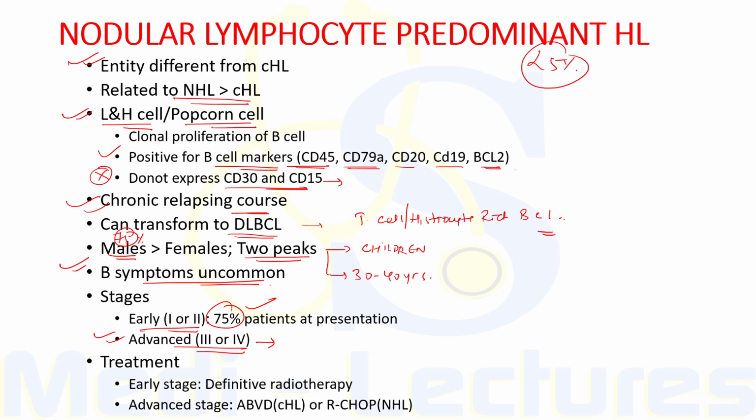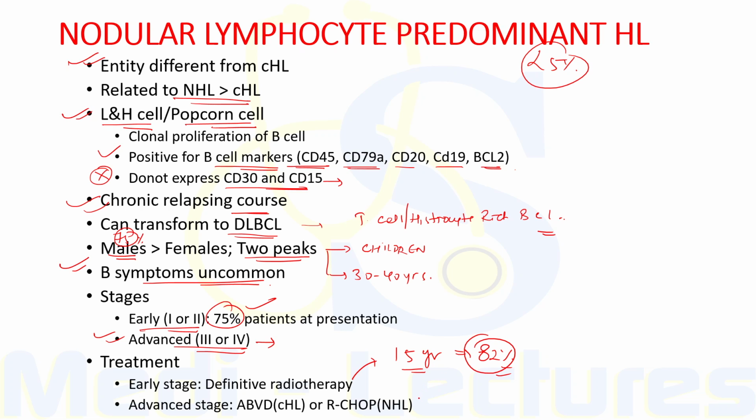Now, when we consider the treatment, the patient with early stage should be treated with definitive radiotherapy similar to classic Hodgkin's lymphoma, and this is associated with a 15-year non-relapse survival rate of 82%. On the other hand, treatment of advanced stage is controversial.